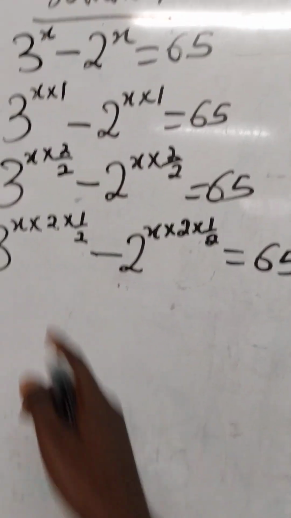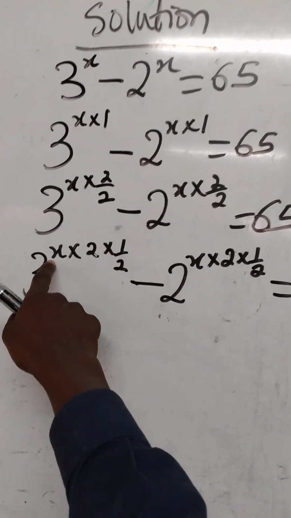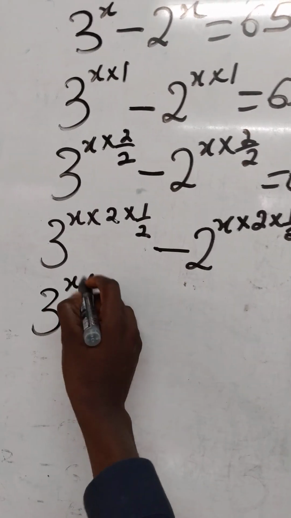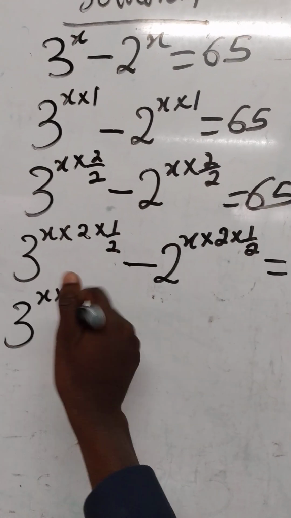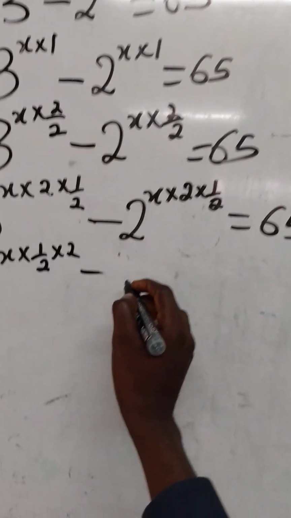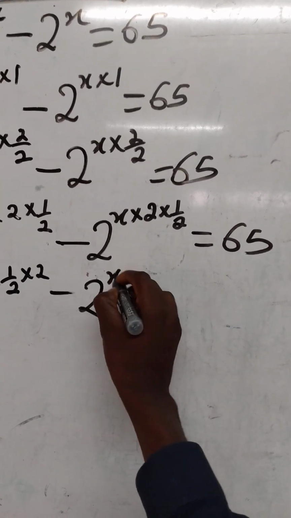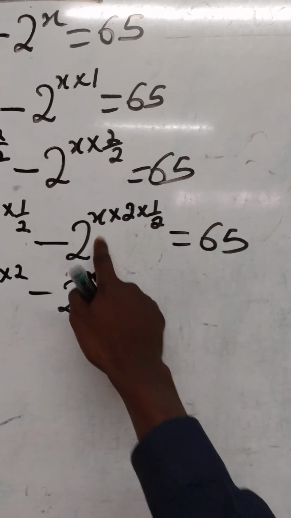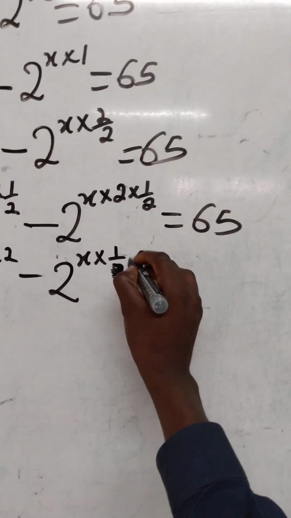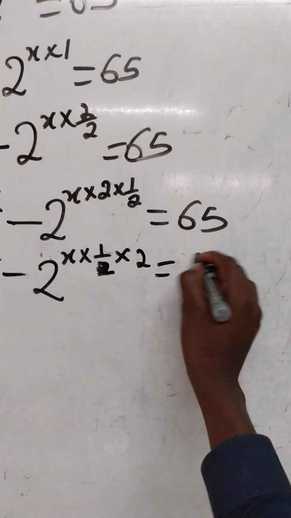Let me arrange this. Let me bring this half closer to this s. Like this, 3 raised to s times this 1 over 2, so this 2 is still there, times 2, minus 2 raised to s times this 1 over 2, closer to this, then times this 2 that is still there, all equals to 65.